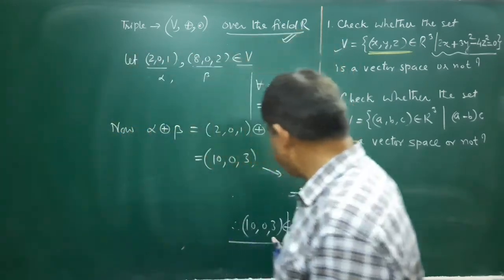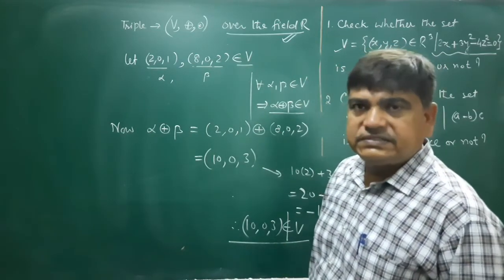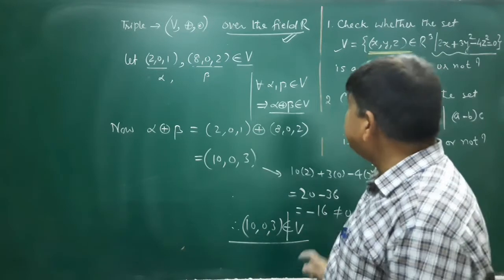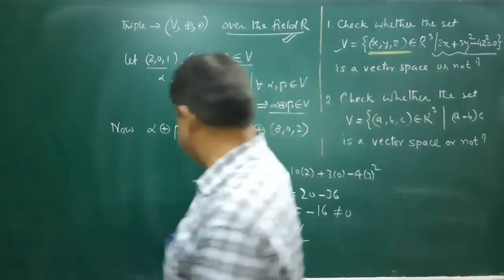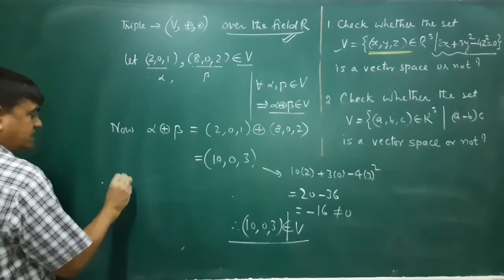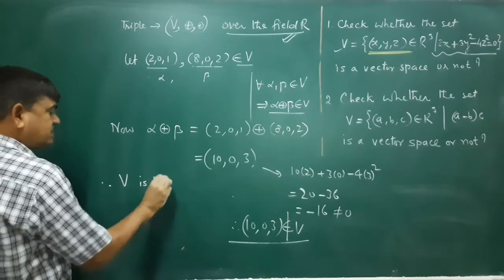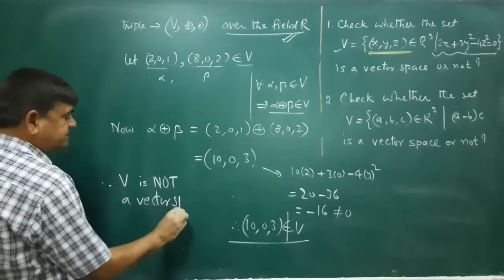So the closure property does not hold. Closure property has failed. Therefore, this is not a vector space. V is not a vector space.